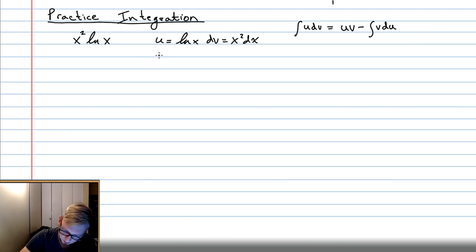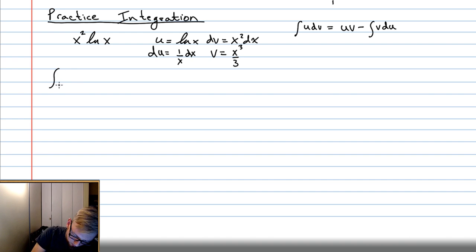So we have u, and we need du. Derivative of the natural log is 1 over x dx. And dv is x squared, so v would be the integral of x squared, which would be x cubed over 3. And to plug it in.